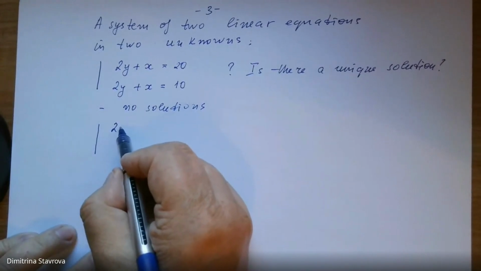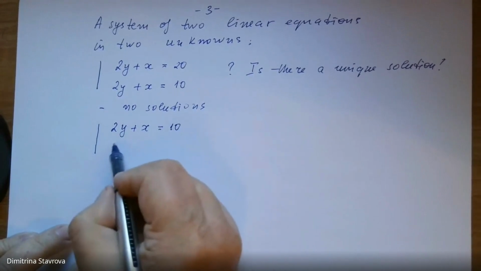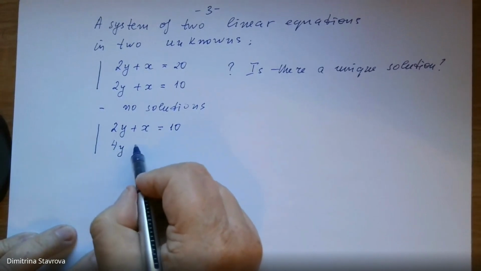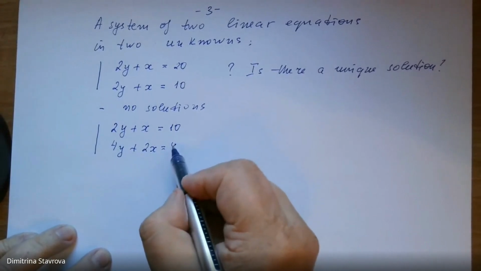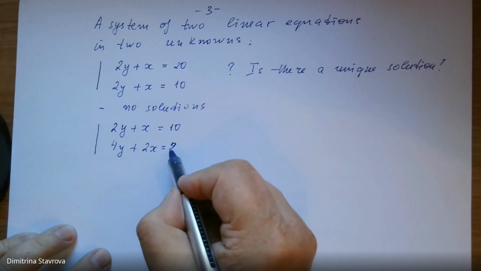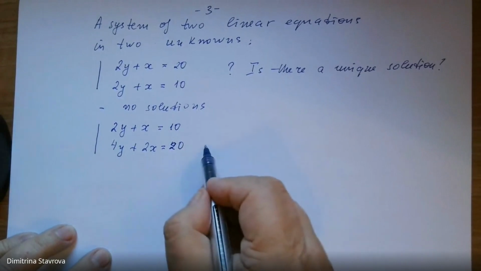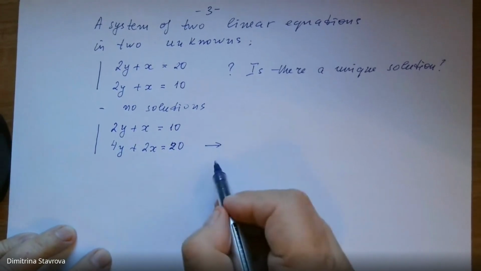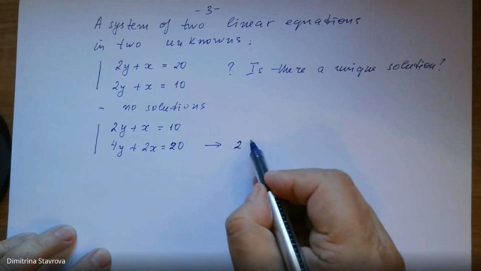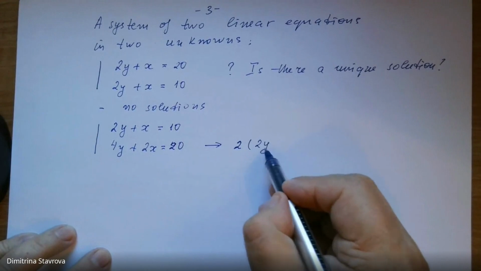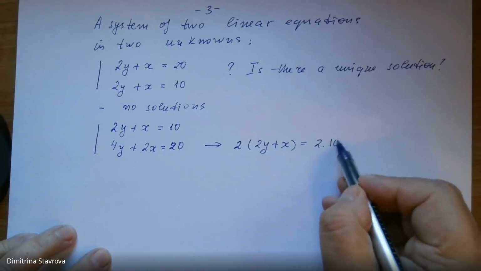Let's look at 2y plus x equals 10 and 4y plus 2x equals 20. In this case, we notice that the second equation can be written as 2 times (2y plus x) equals 2 times 10.